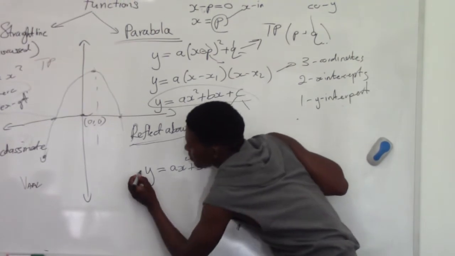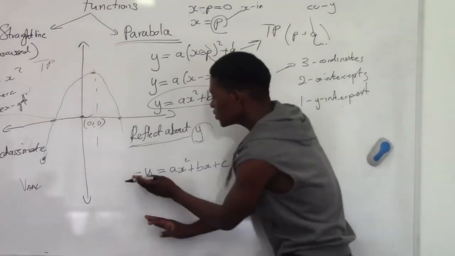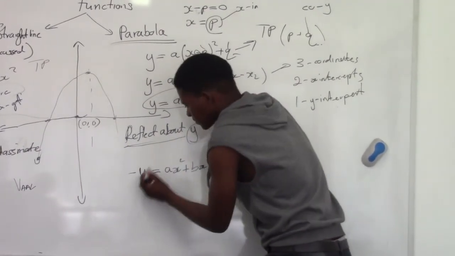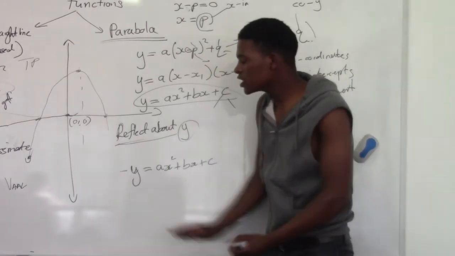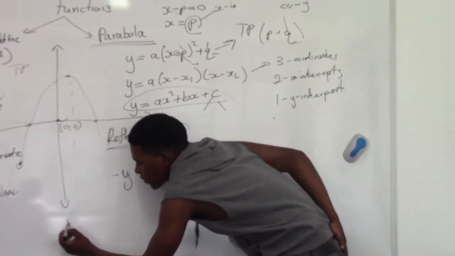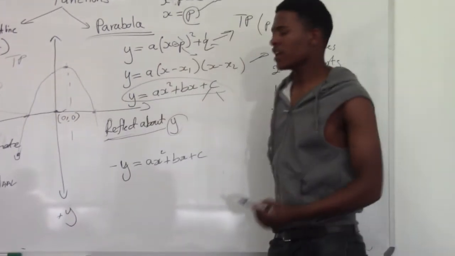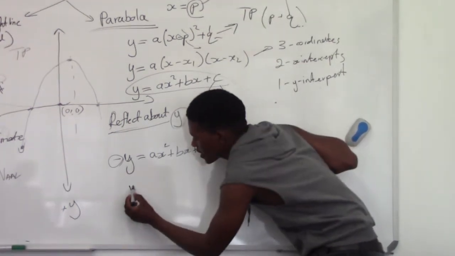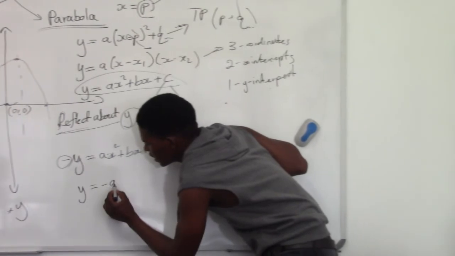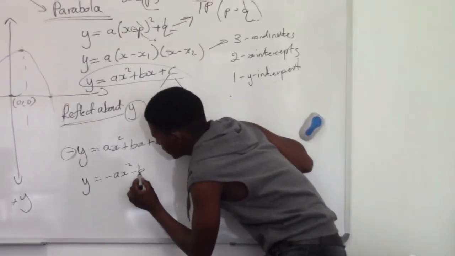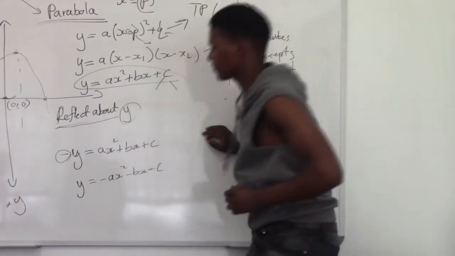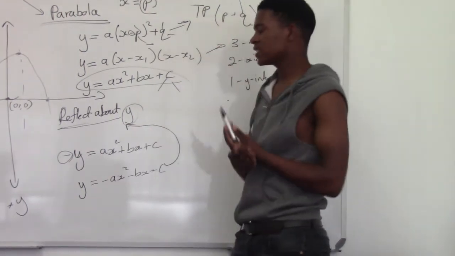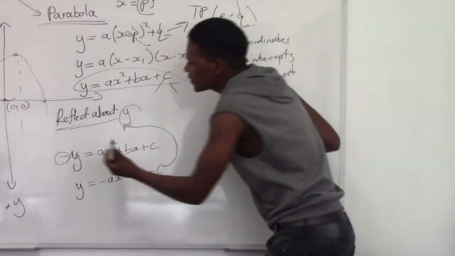Since it's positive, then I put a negative. So if I put a negative, that means I'm reflecting about the y axis. Because my equation should always be positive, my y should always be positive. Then I will divide with this negative sign. Then I will have y = -ax² - bx - c. So now, my graph has reflected about the y axis.